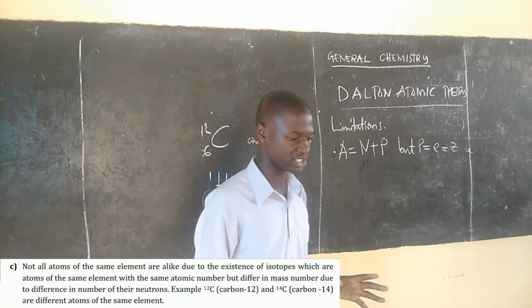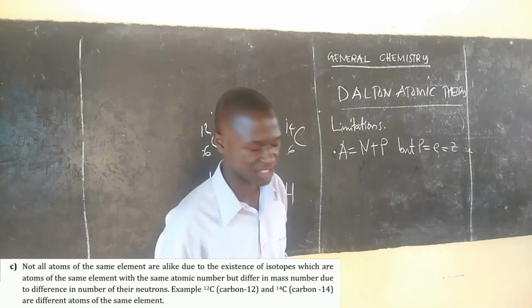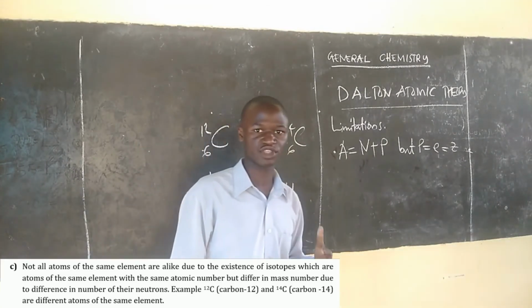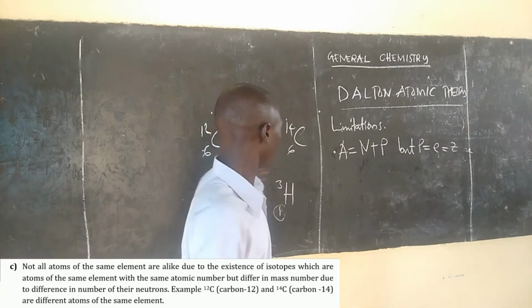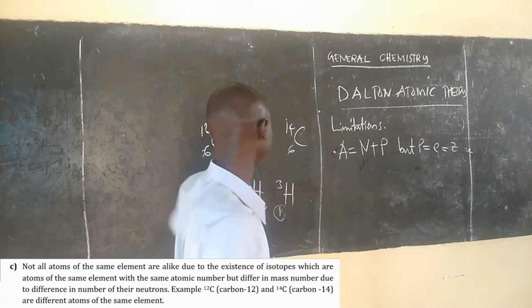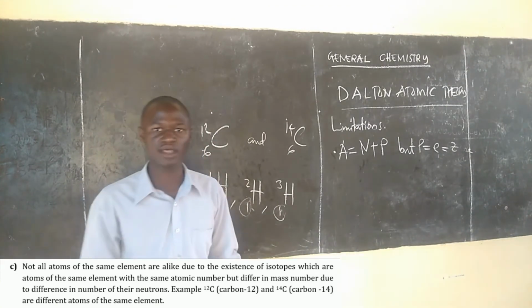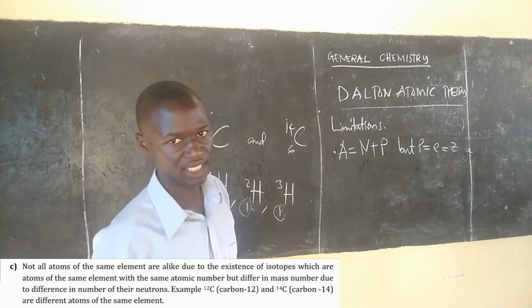Existence of isotopes inakataa idea ya tatu ya Dalton's atomic theory ambayo inasema atoms of the same element lazima ziwe alike na lazima zitofautiane na atoms of the different element.